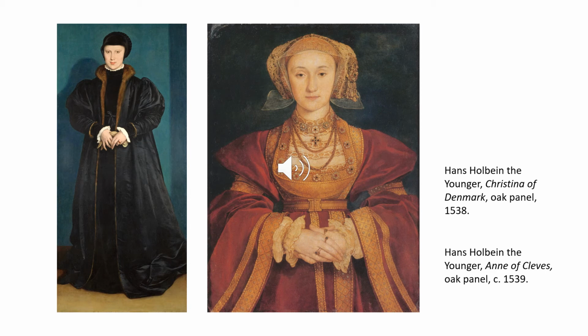So here we see two portraits painted by Holbein. The first is Christina of Denmark from 1538, and the second is Anne of Cleves from around 1539. Both of these portraits were painted in the process of Henry VIII looking for his next wife. And both of these portraits have interesting stories behind them.